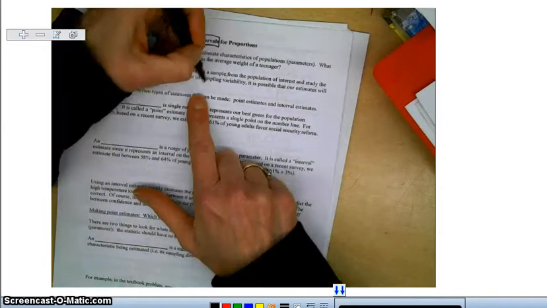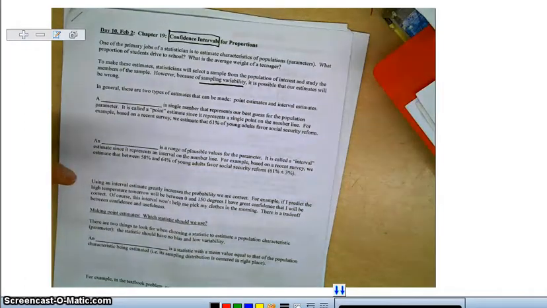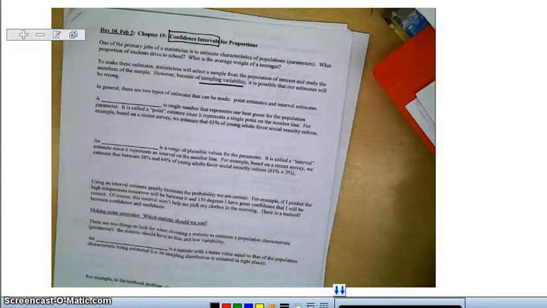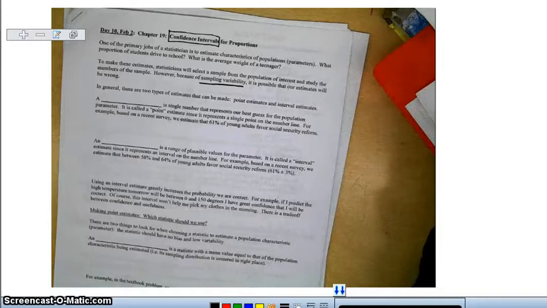But there's something called sampling variability, which we talked about at the very beginning of the last unit. Sampling variability is where all of you will go out. If you went out and asked 100 people the same question, how many times do you eat fast food per week? Okay, you'd all come back with a different proportion number out of 100 that ate fast food that week. Wouldn't you? Some of you might have the same number.